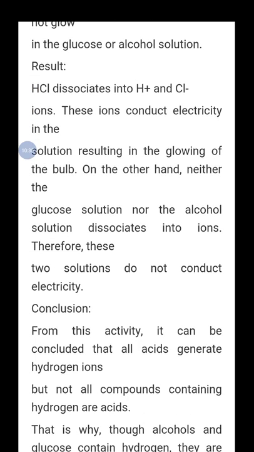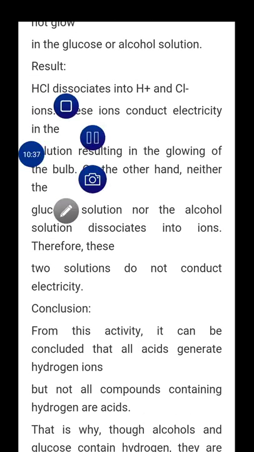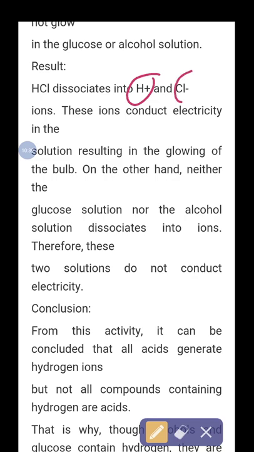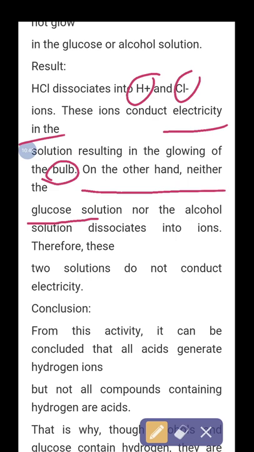HCl dissociates into hydrogen ions and chloride ions. These ions conduct electricity in the solution and the bulb glows. On the other hand, neither the glucose solution nor the alcohol solution dissociates into ions. Therefore, these two solutions do not conduct electricity.